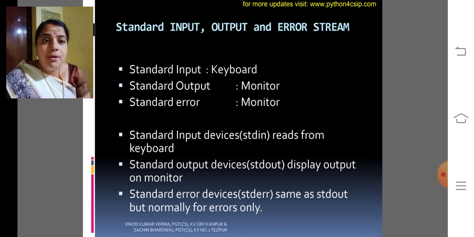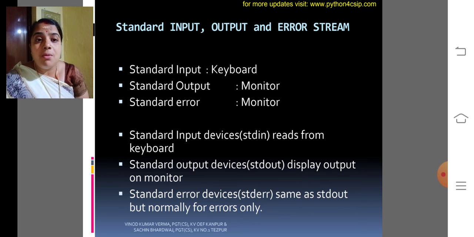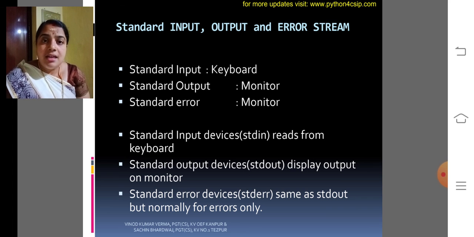Then standard output devices display the output on the monitor. Standard error is the same as standard output, but normally for errors only. So the standard input, output and error are nothing but the keyboard and monitor.